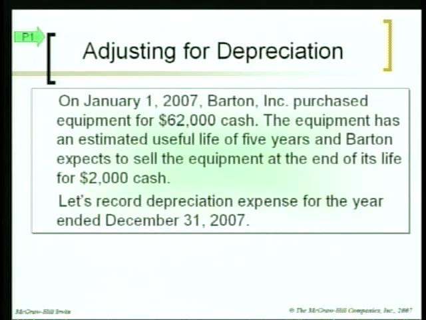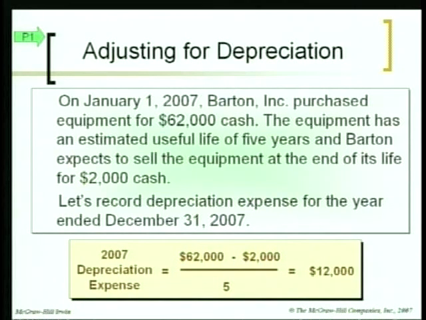How would we compute depreciation? Using the formula we just saw, we would take the cost of the asset, $62,000, minus the residual value or the salvage value of $2,000, and then we divide it by 5, which is the estimated useful life in years. Thus, what we get is $12,000 depreciation that we should take per year.